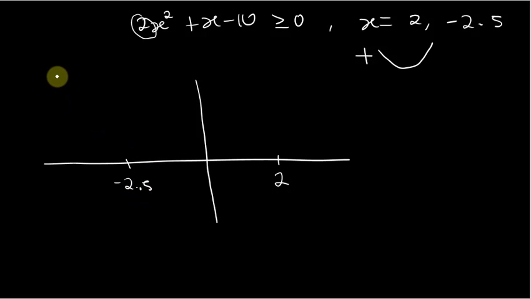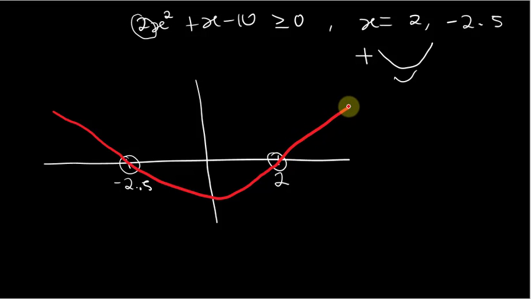Because the curve is going to open up like this, the curve is going to pass through these 2 points. This is not drawn to scale, so we are going to have something like this. Okay. All right. So now we have our curve to be like this.